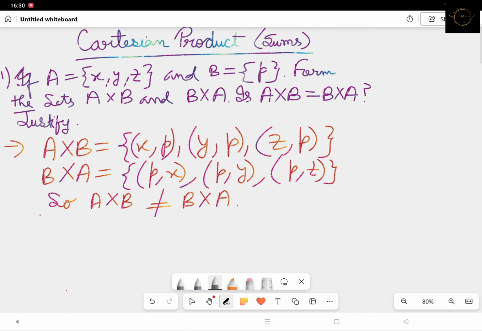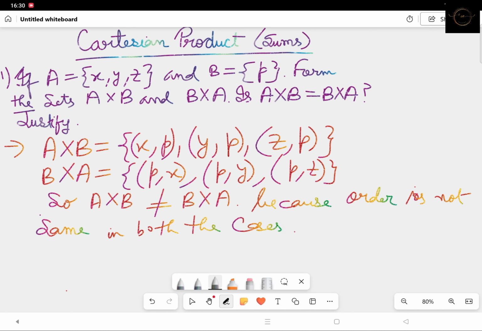So why is this not equal? Because the order is not the same in both the cases. That means, what can you see in A into B?